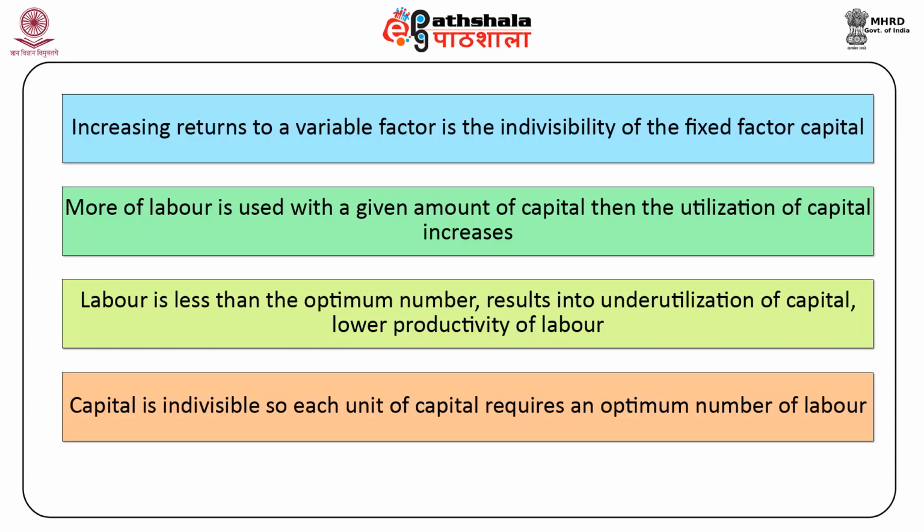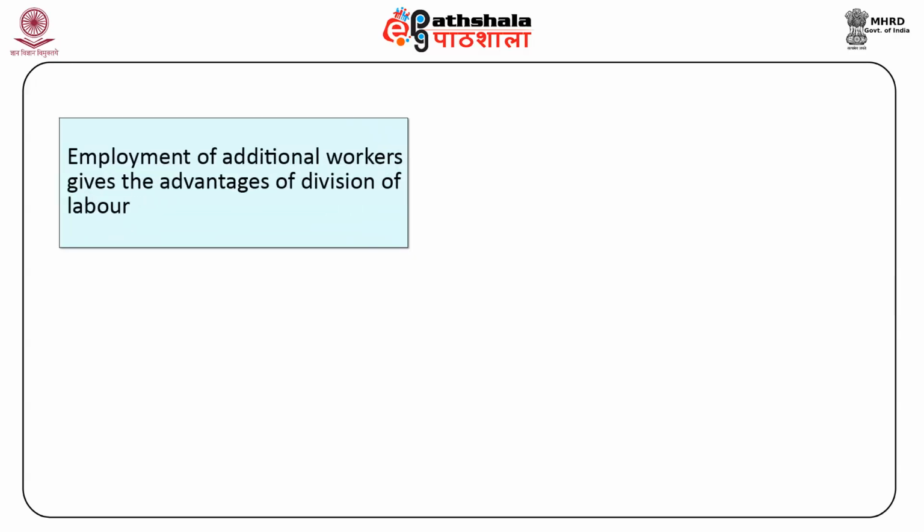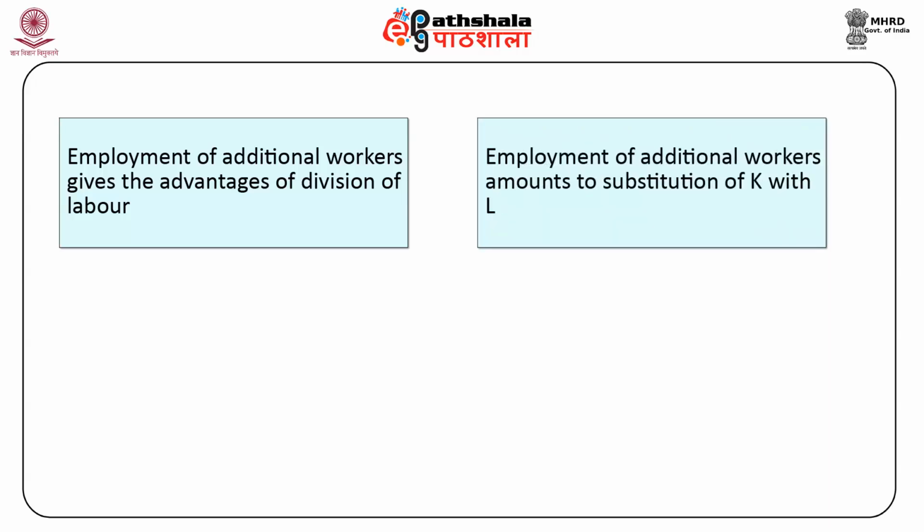of laborers. Another reason for the increase in labor productivity is that employment of additional workers gives the advantages of division of labor until the optimum capital-labor combination is reached. However, once the optimum capital-labor ratio is reached, employment of additional workers amounts to substitution of capital with labor.